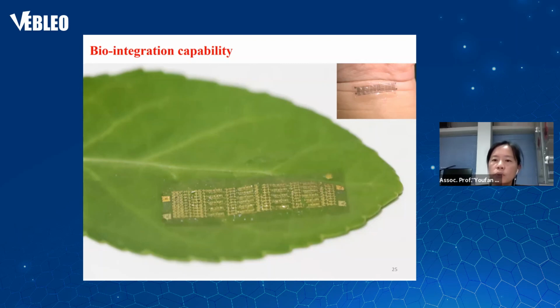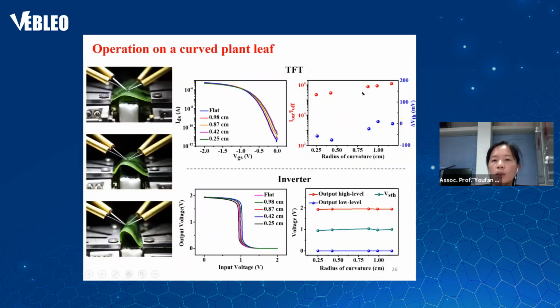We can transfer the whole system onto the surface of a leaf or onto your body surface, and when the device is on the leaf, we can measure its performance when the leaf is curved, and it shows that it works very well when the leaf is bent.